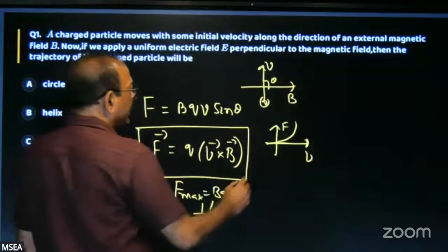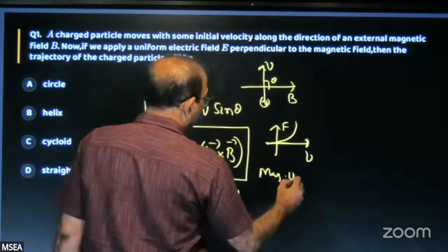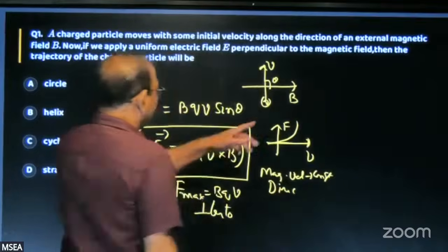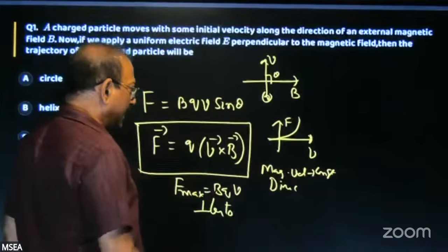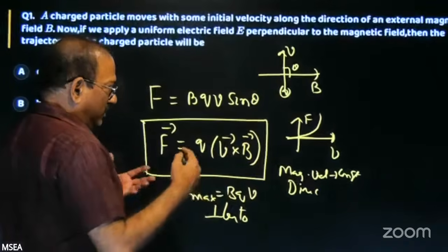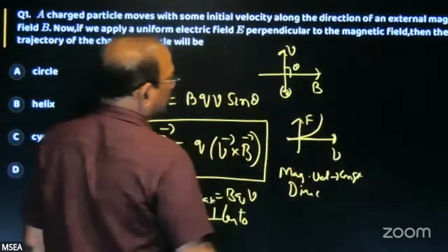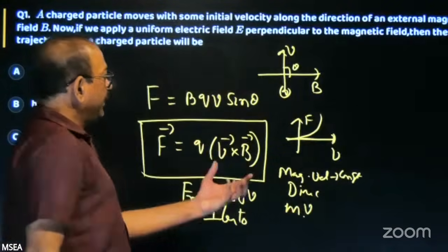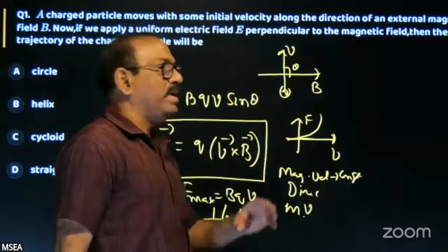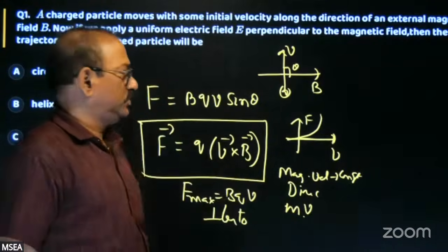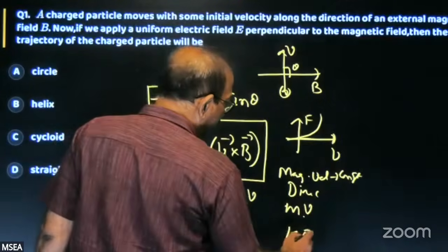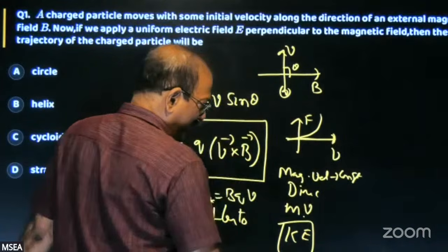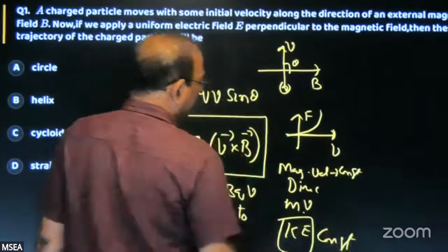That's why in a magnetic field, the magnitude of velocity of the charge is constant; only the direction changes. Means linear momentum also has constant magnitude, but its direction changes. Kinetic energy is a scalar, it does not have direction, so kinetic energy is constant.